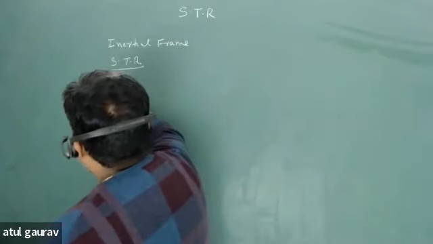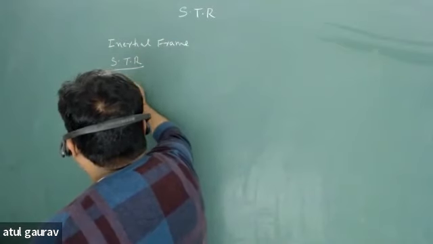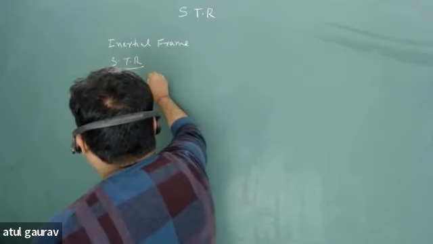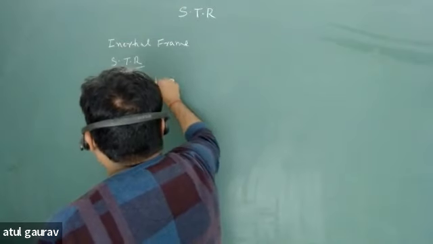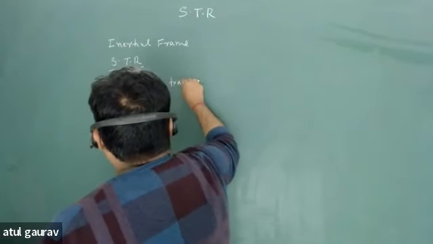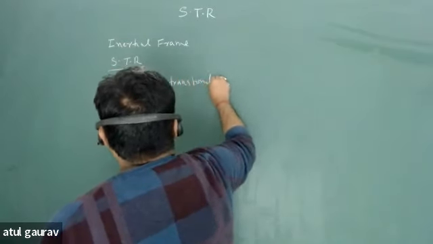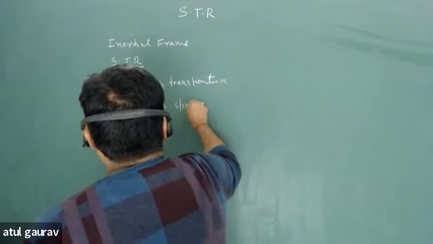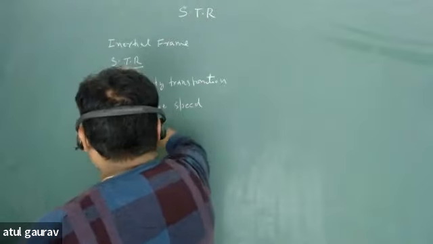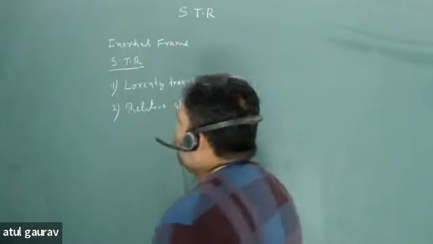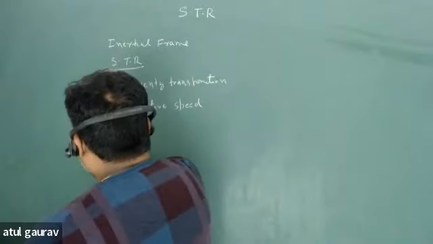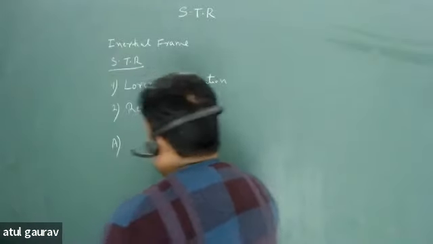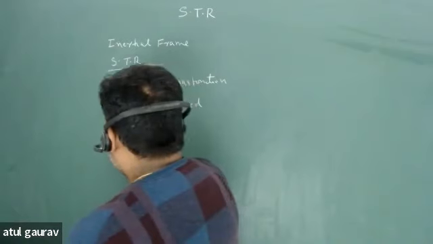The first topic, the most important thing, is Lorentz transformation. And then we will learn all about relative speed. Once we learn the Lorentz transformation and relative speed, then we can go for applications of the Lorentz transformation. The first application is length contraction.